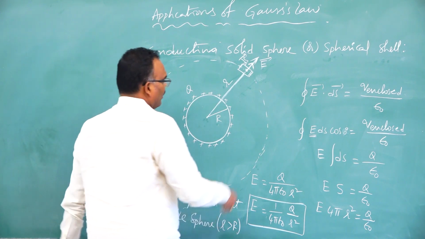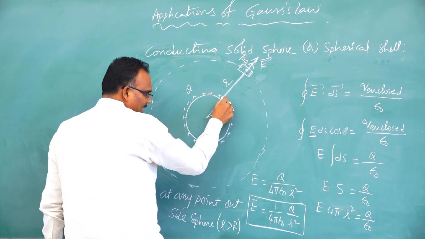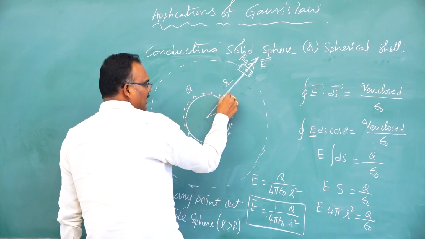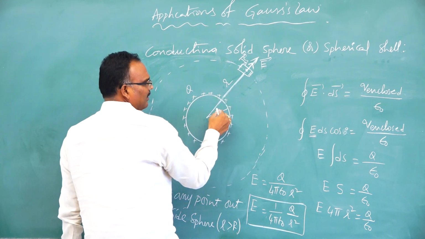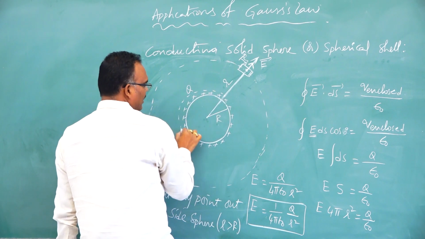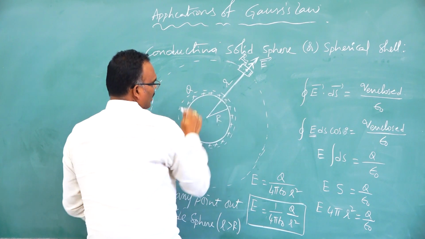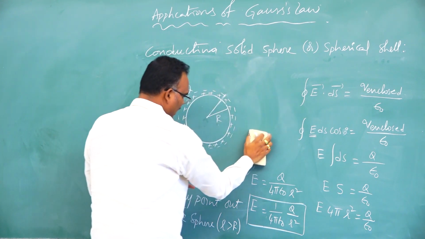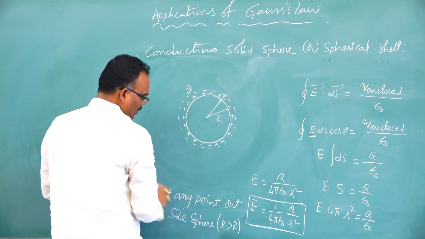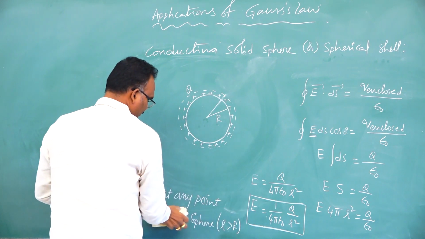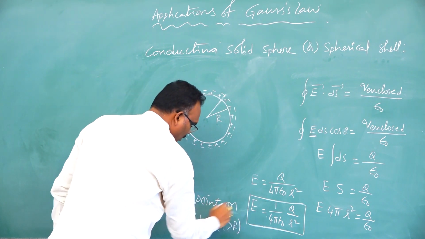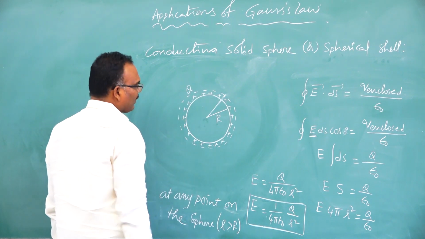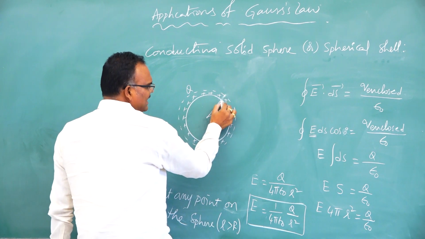See carefully. At any point on the surface means here just outside. I'll take the Gaussian surface just outside. This is the new Gaussian surface. At any point on the sphere that we are doing, that point I have taken just outside.